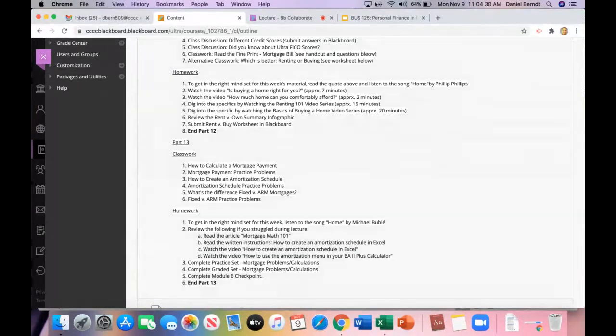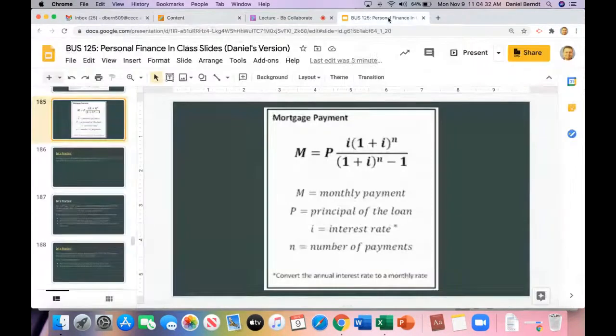Okay, well, let's hop over to our slides for this week. I always show this, but it's just so that you can see the beauty that is a smart calculator. So this is the algebraic formula for calculating a mortgage payment, and I show it to you only so that you can appreciate what I'm about to show you, which is how to use a smart calculator to solve this problem.